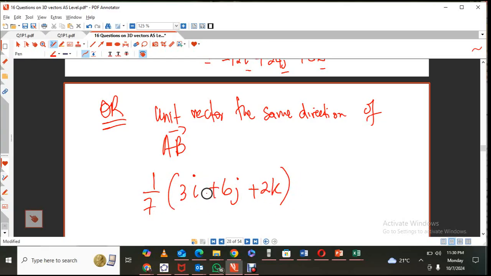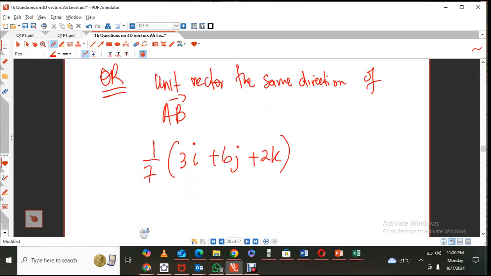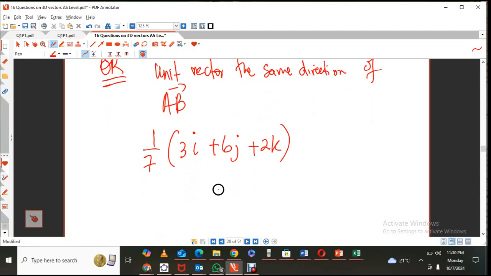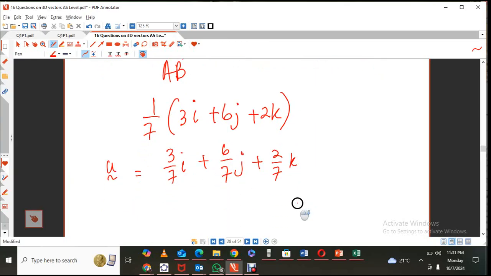So what I'm doing now is I'm going to find the unit vector. So this is giving me minus 3 over 7i plus 6 over 7j plus 2 over 7k. All right, so this is the unit vector. Now, if you were to take the magnitude of this, take each component squared and so on, you're going to get 1.